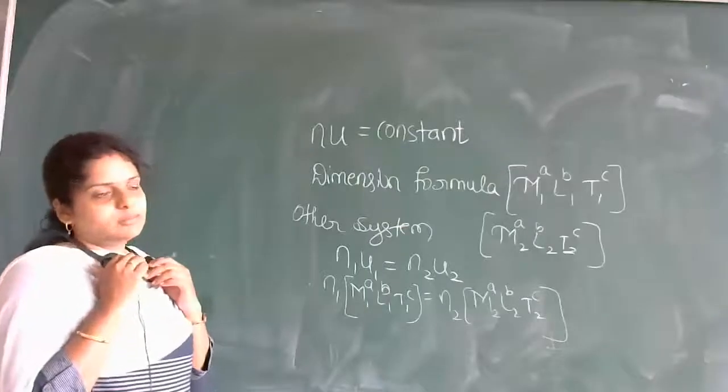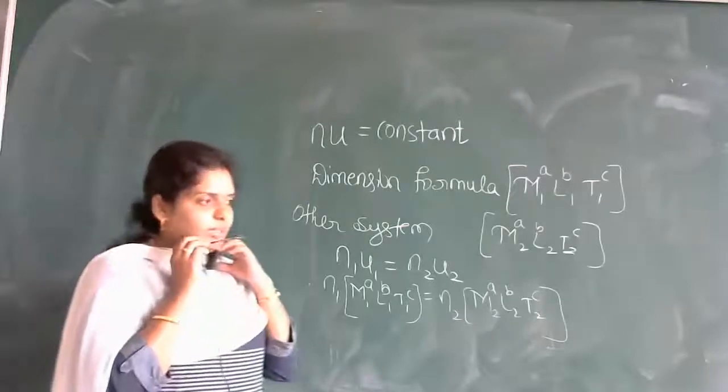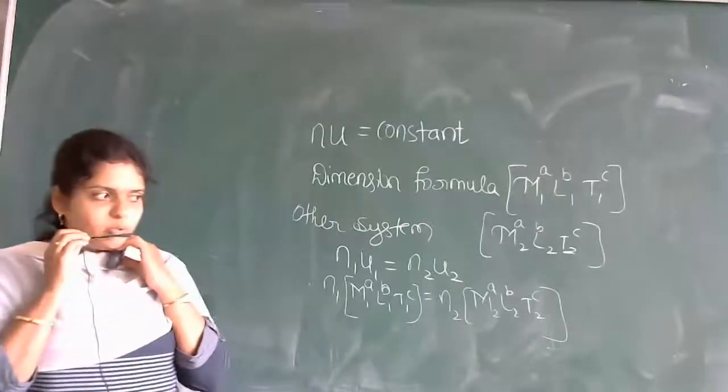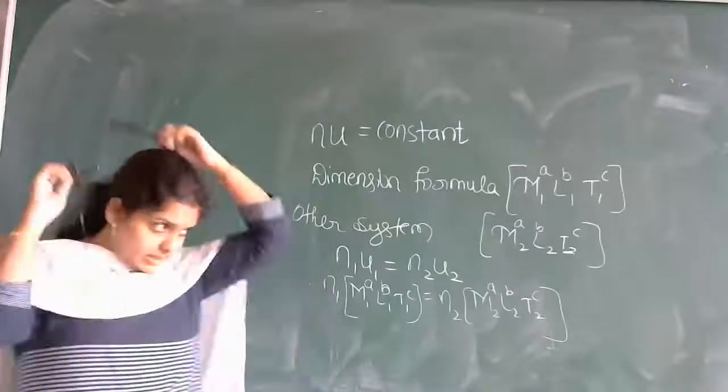समझ में आ रहा है? कुछ डाउट है इधर? Next, you are just transferring the terms. Till here, do you have any doubt, students? Just once you see the board, if you have any doubt, you can ask.